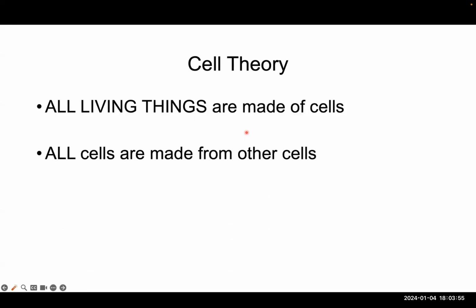And then all cells are made from other cells, meaning that we do not currently at this time have cells just spontaneously popping out of nothing and becoming a cell. Now, you might say, then where did the first cell come from? So that's a conversation that science has tried to address, and a lot of other philosophies have tried to address, but we don't have a clear answer to that.